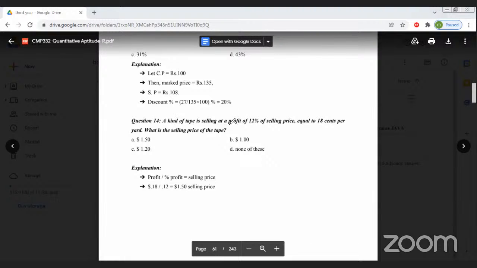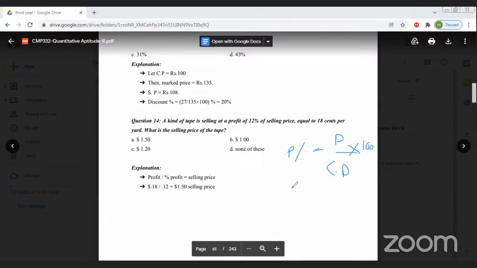Originally, how do we find profit percent? It is nothing but profit upon CP into 100. Correct? So if I need to find the selling price, can I use profit upon profit percent? Will it give me the selling price?